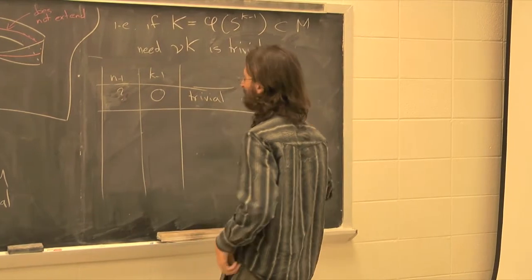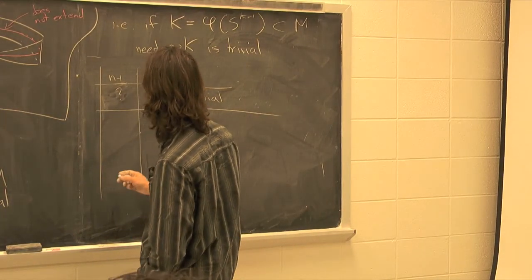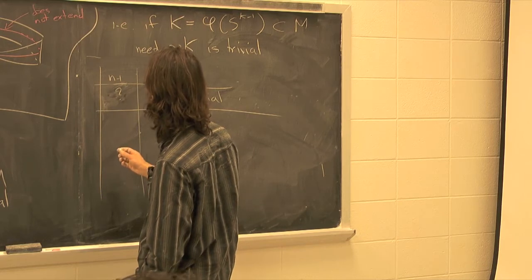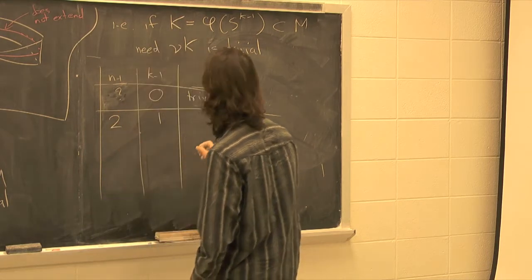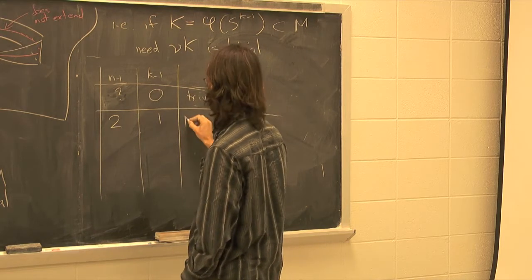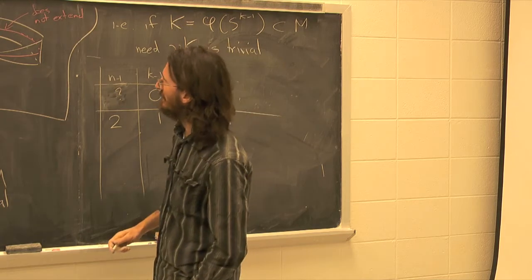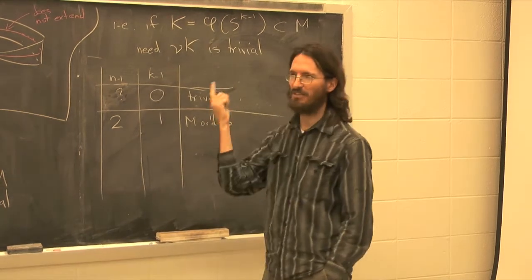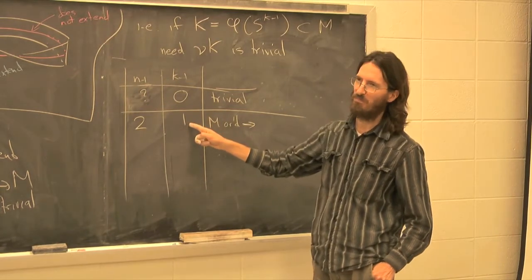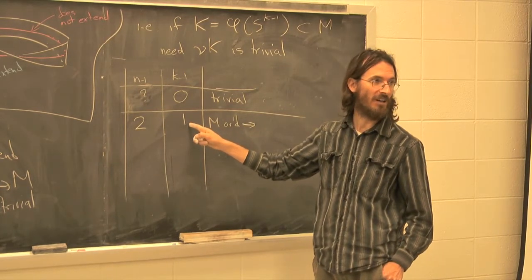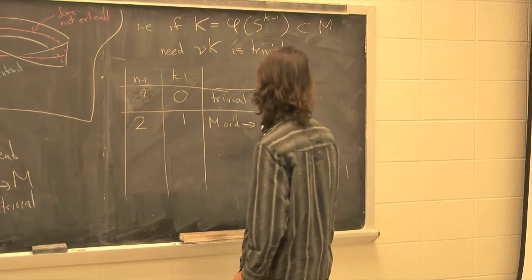Then if k equals 1, I'm not exhaustive in this situation, right? And then if M is oriented or orientable, then any surface is trivial, because the only non-trivial interval bundle over S1 is a Mobius band, and so if that embeds in it, it's got to be non-orientable. So then it's trivial.